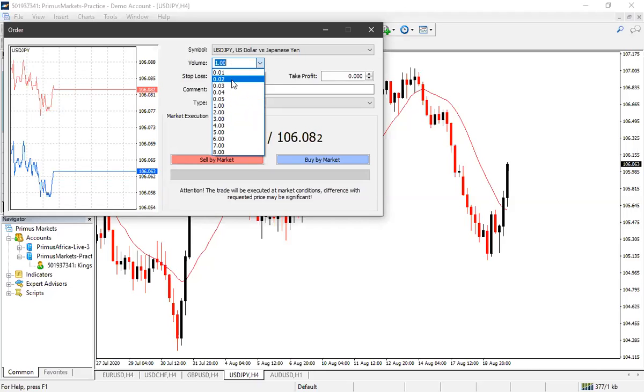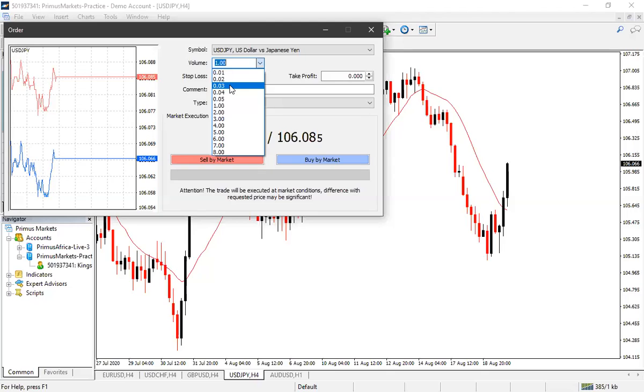So now, this one that my mouse is on right now, I don't know if you can see it clearly, 0.03. What type of lot size is it? Yes, it's a micro lot size. Are you getting me?